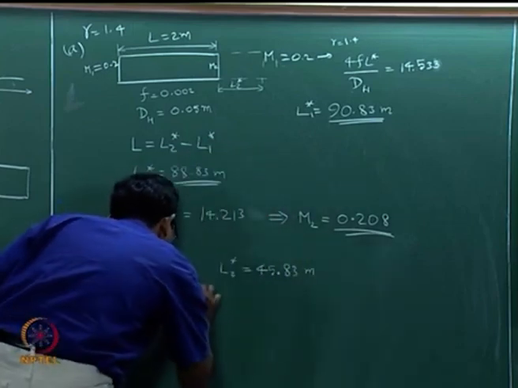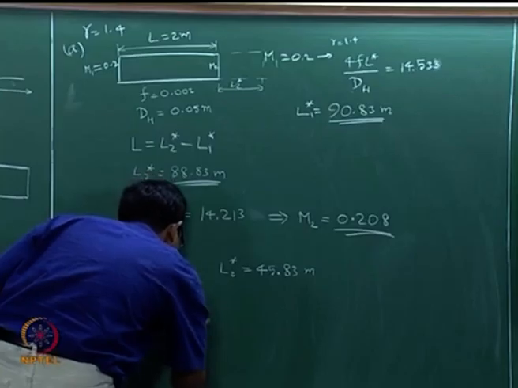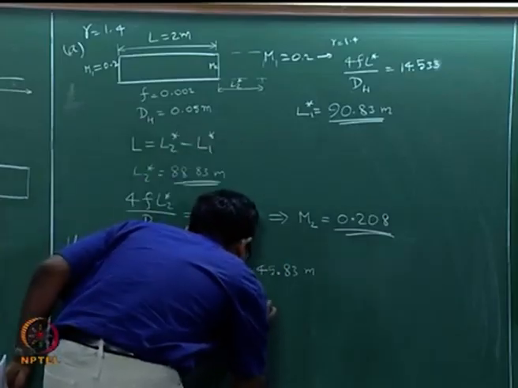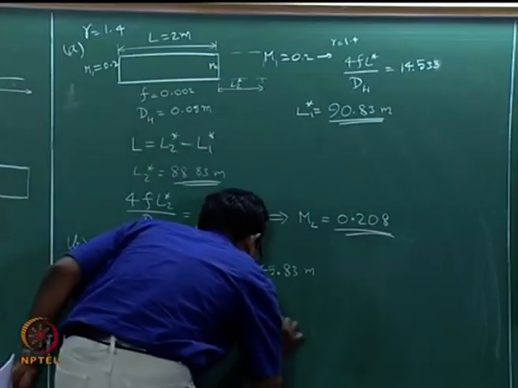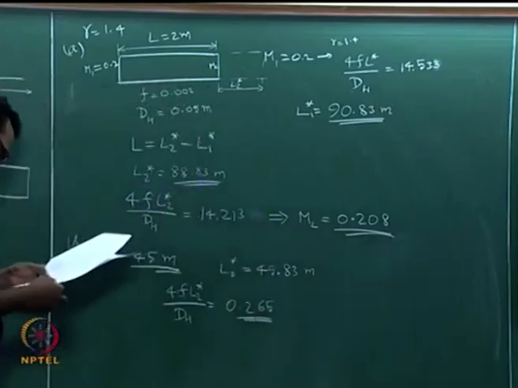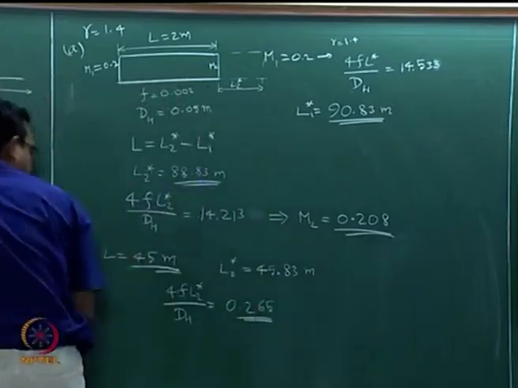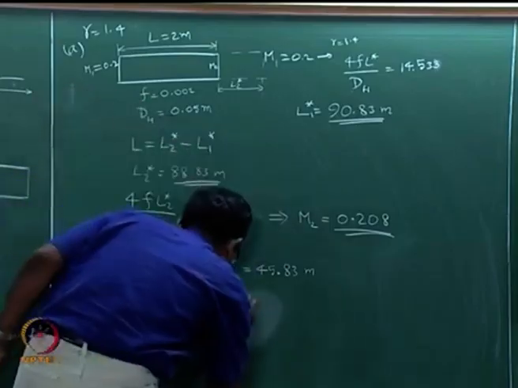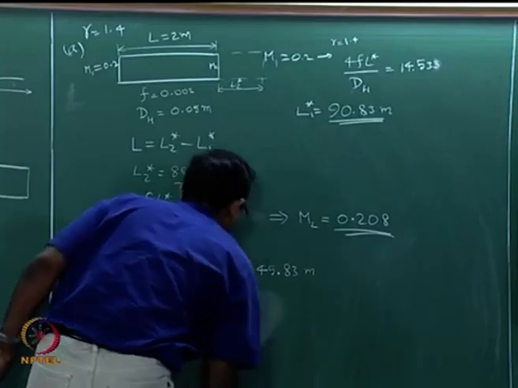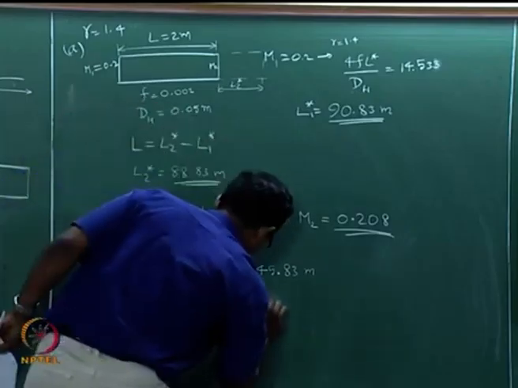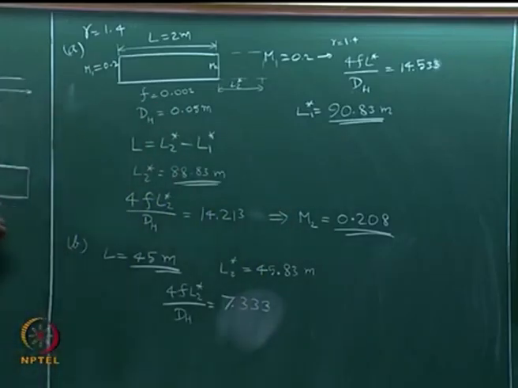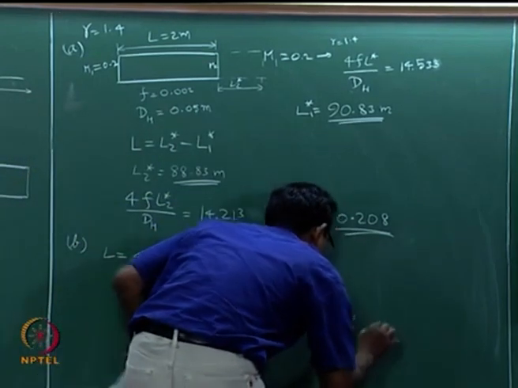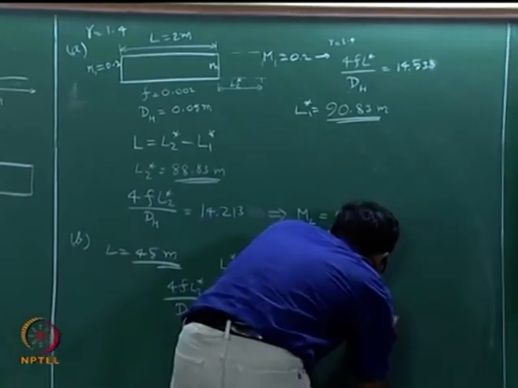So 4f L2 star by Dh comes out to be 7.333. And this gives me a Mach number of 0.265.